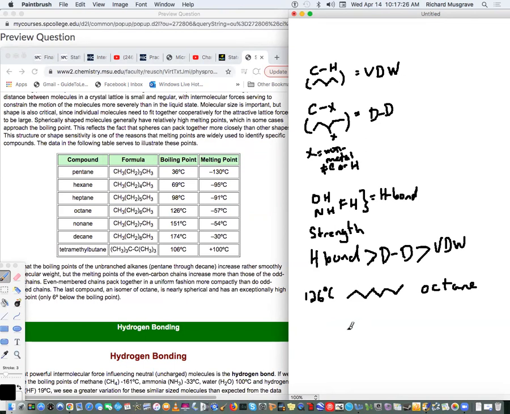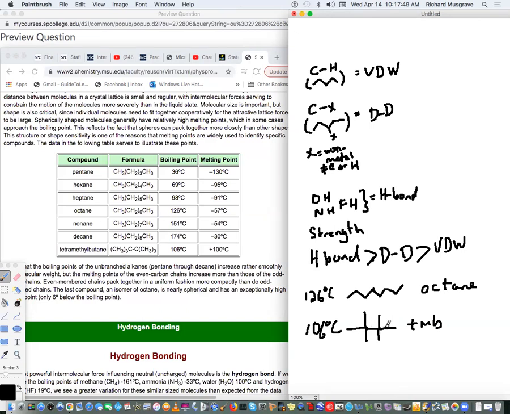Now, the tetramethyl butane looks like this. So I'll just call that TMB. And it boils at 106 degrees Celsius. So this one here is a straight chain. I would consider this tetramethyl butane to be branched.